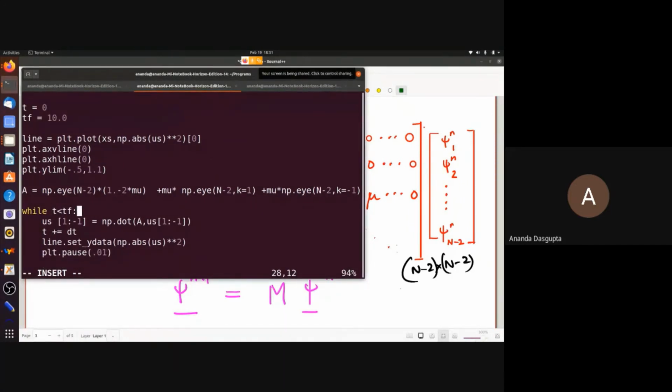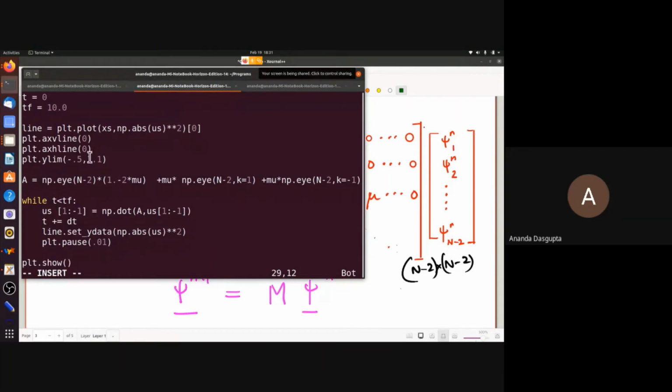While t is less than tf, you're going to update the u's, but not the whole u, just the slice of u, leaving out the 0th term and the minus 1th term. Of course, I hope everybody remembers that much of numpy, that when you slice it like this, it means the 0th term is out, the minus 1th term is out. Only the middle part, you are replacing by just multiplying the matrix A by us[1:-1].